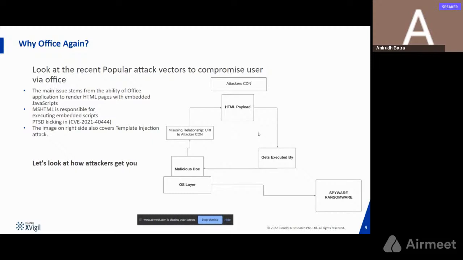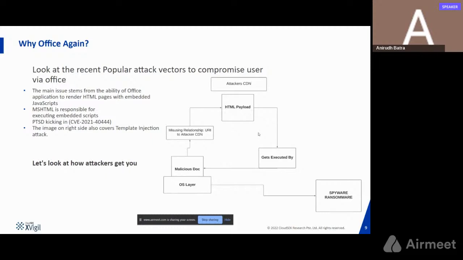We looked at the exploit code, and using the right side of the flowchart, we understand that there is an HTML payload which is being hosted on the attacker's CDN. Now the malicious doc, once opened, reaches back to that payload, and that payload gets executed by the document, right? Now there's a very good question that can be asked here, which is why HTML, and why does it relate to our Microsoft document?